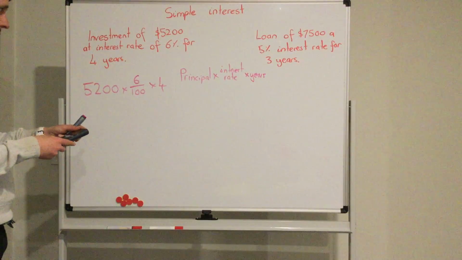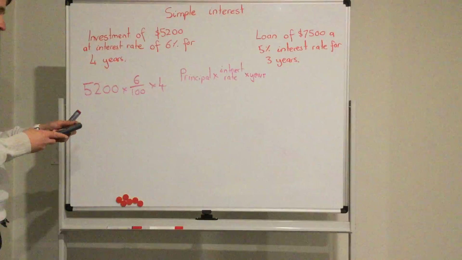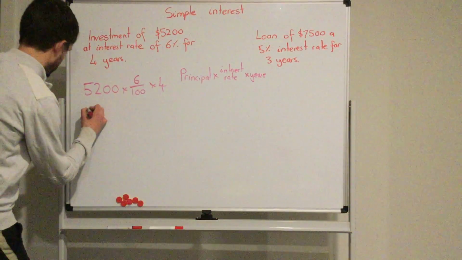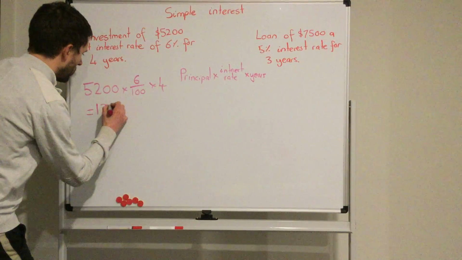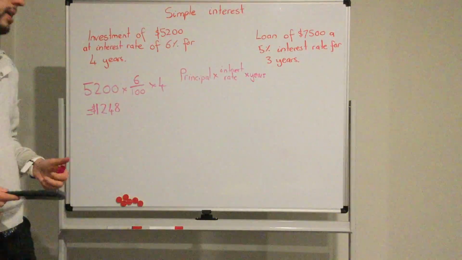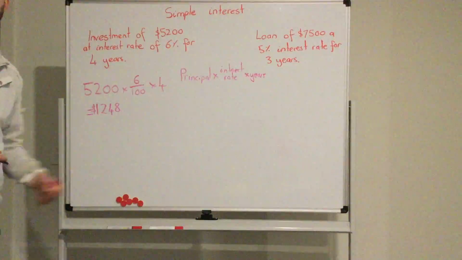So we use my calculator. And that equals 1,248. This is the amount I have made in interest.